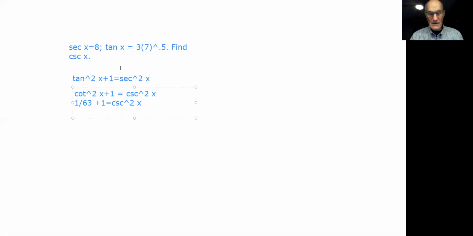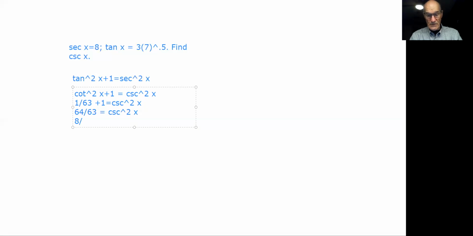So I will have 64 divided by 63 equals cosecant squared X. So if I take the square root of both sides, then I get 8 divided by 9.